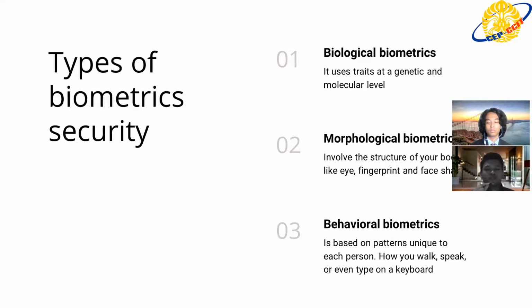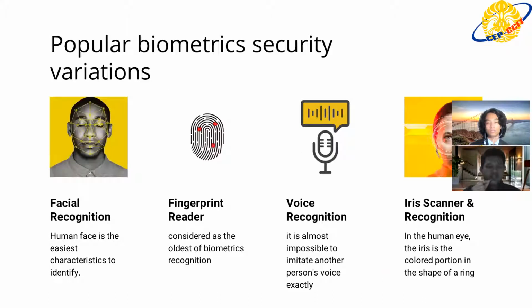More physical traits like your eye, fingerprint, or the shape of your face can be mapped or used with security scanners. The third is behavioral biometrics. It is based on patterns unique to each person. How you walk, how you speak, or even how you type on a keyboard can be identification of your identity.